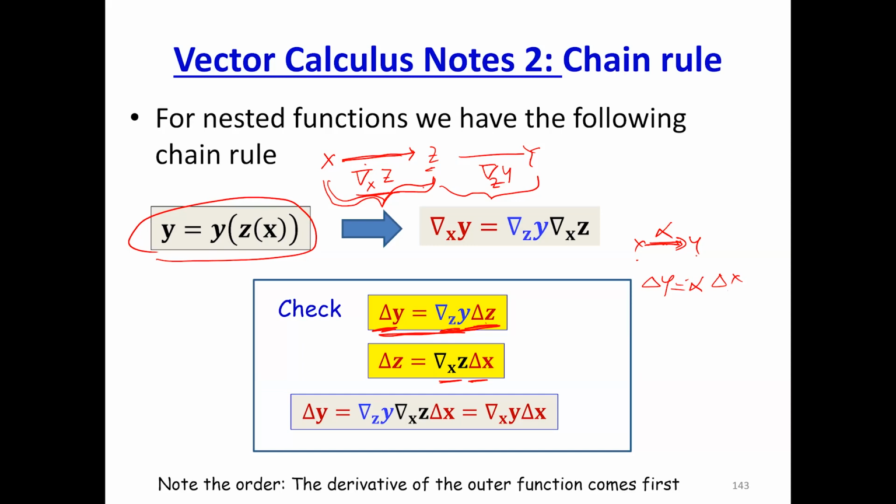Yeah. Okay, and so now I can plug this delta z in here, correct? Yeah. And so I'm going to say delta y is the derivative of y with respect to z, times the derivative of z with respect to x times delta x, correct? Yes. That makes sense? Yes or no?